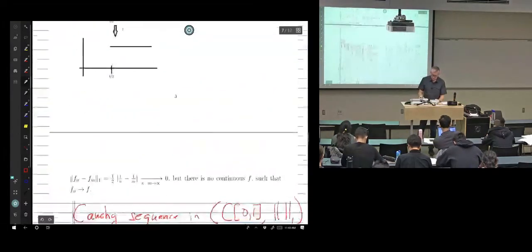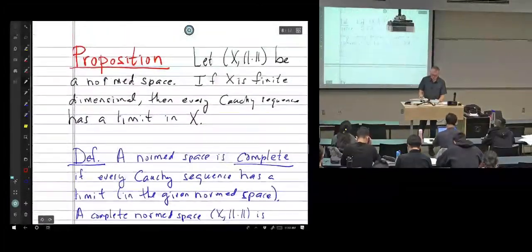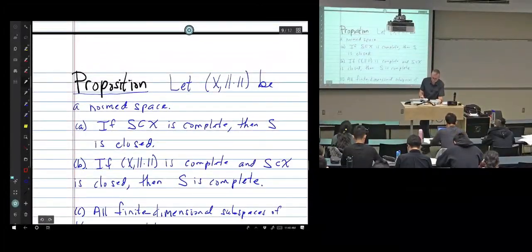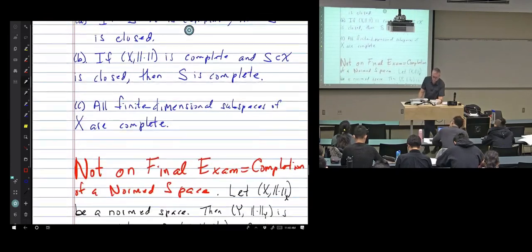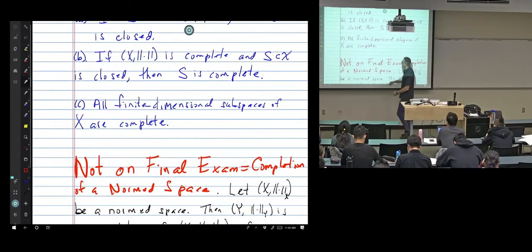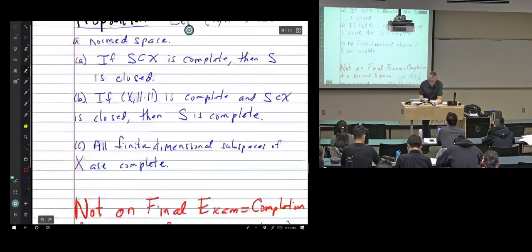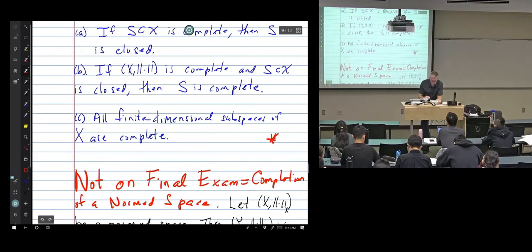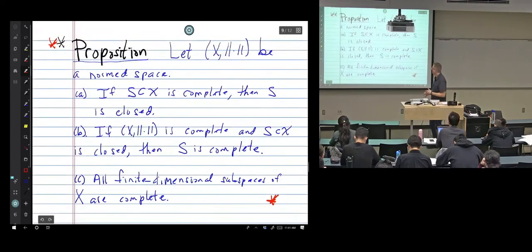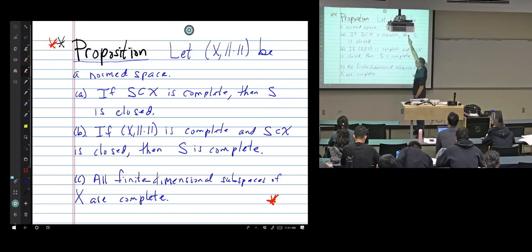And then closed subsets of complete spaces are complete, and all finite dimensional subspaces of a norm space are complete. So this is the key stuff for you guys to know on Cauchy sequences. Here, not on any final exam, it's just, to me, for the satisfaction of knowing I'm not very far away from having my Cauchy sequences have limits.